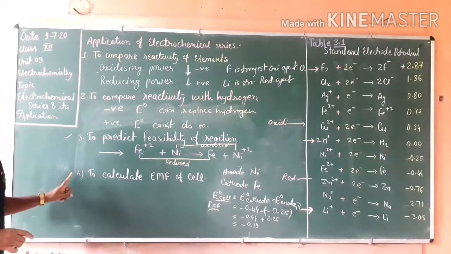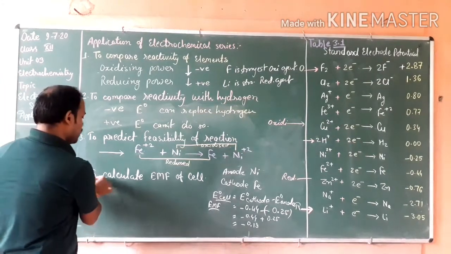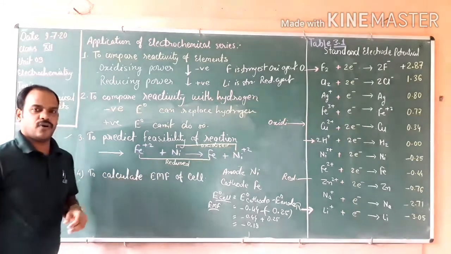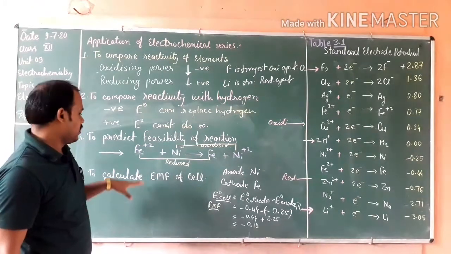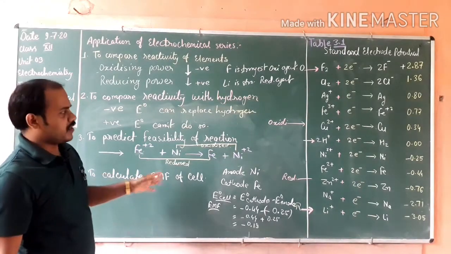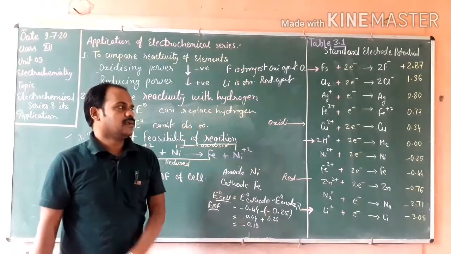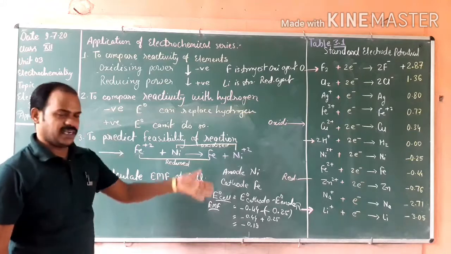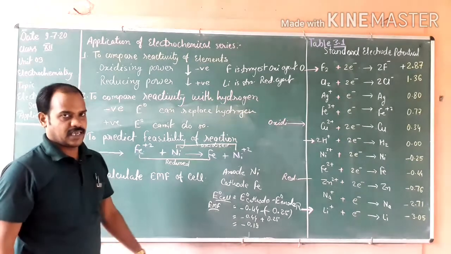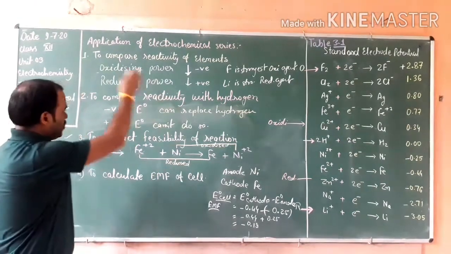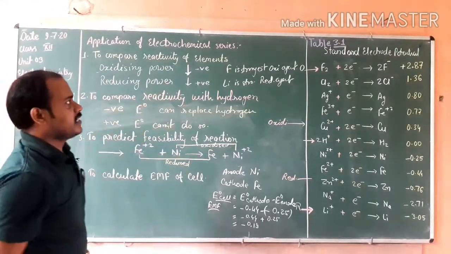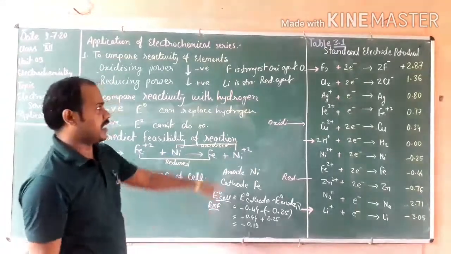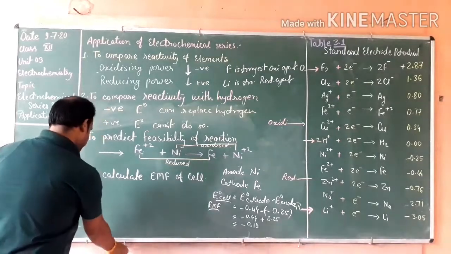Now come to the fourth application. This application is to calculate EMF of cell. Simple point. To calculate EMF of cell, we take two values, first for anode and second for cathode. Just find the difference. Then you can calculate EMF of cell. So these are the applications of standard electrode potentials or electrochemical series.